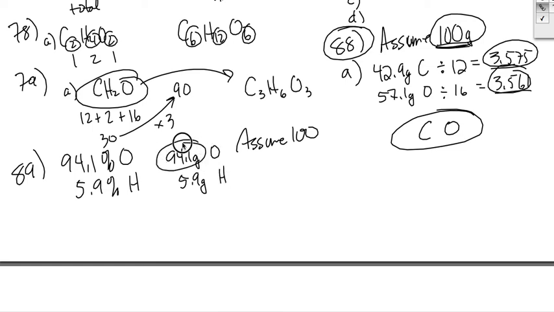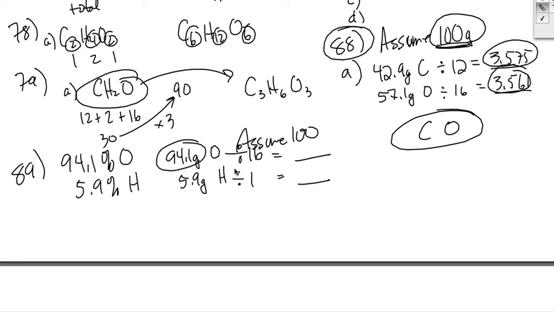Take the 94.1, divide by its molar mass, which is 16, and divide the other by 1, no big deal. Once you get those values, you're going to divide each of those by the smallest value and get your formula. But you're going to compare that formula to the molar mass, which it says is 34.